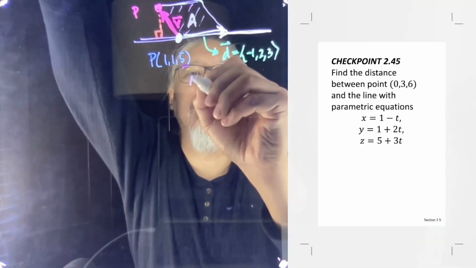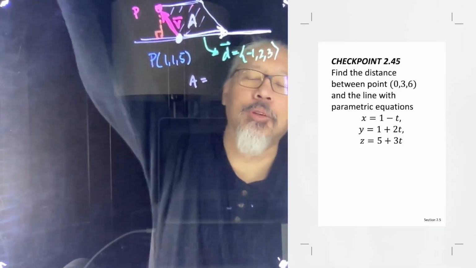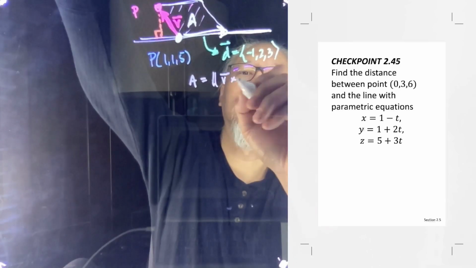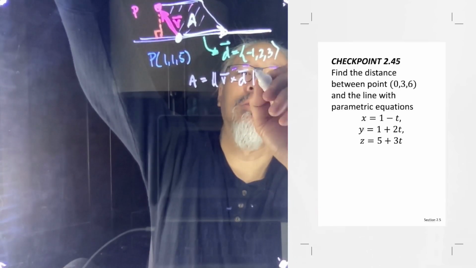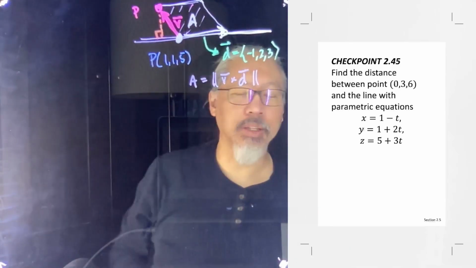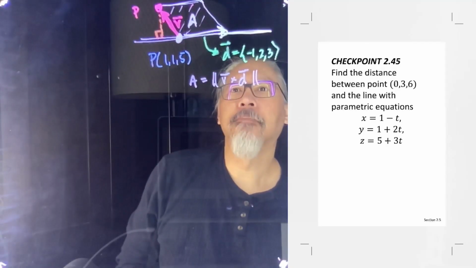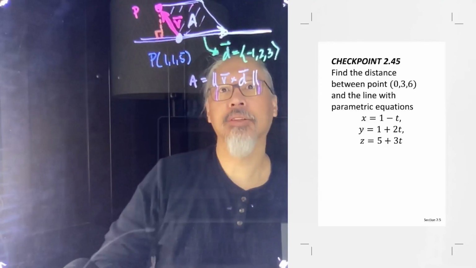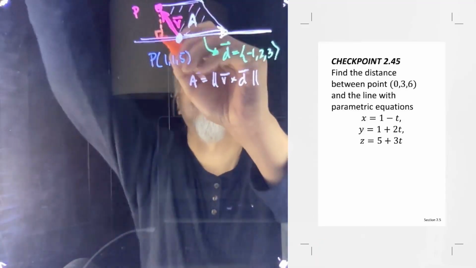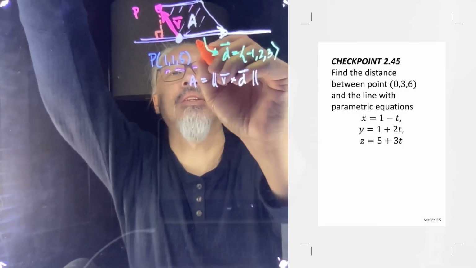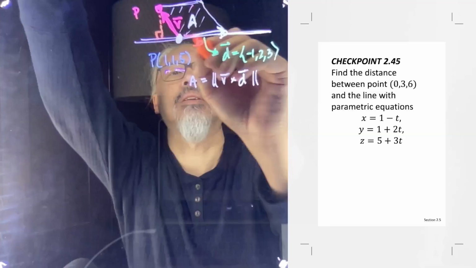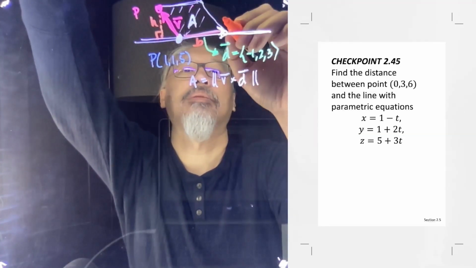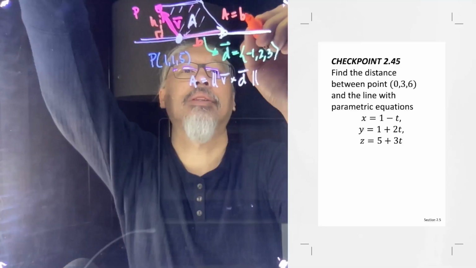Now, geometrically, we also know that the area is going to be the base times the height. Area equals base times height.